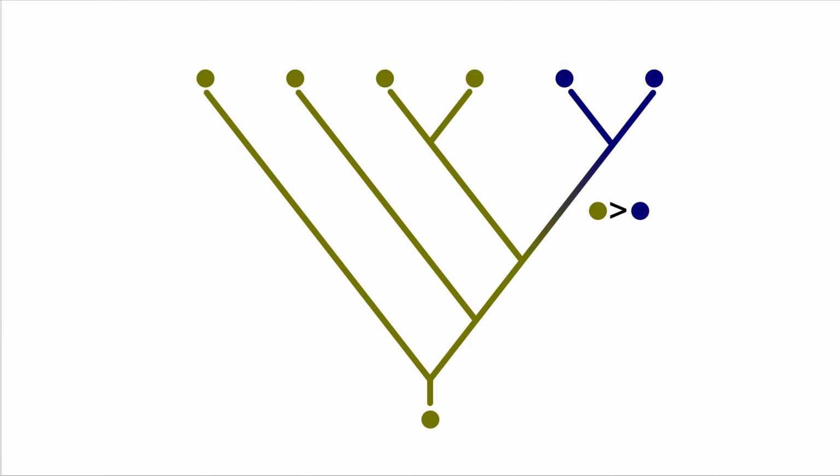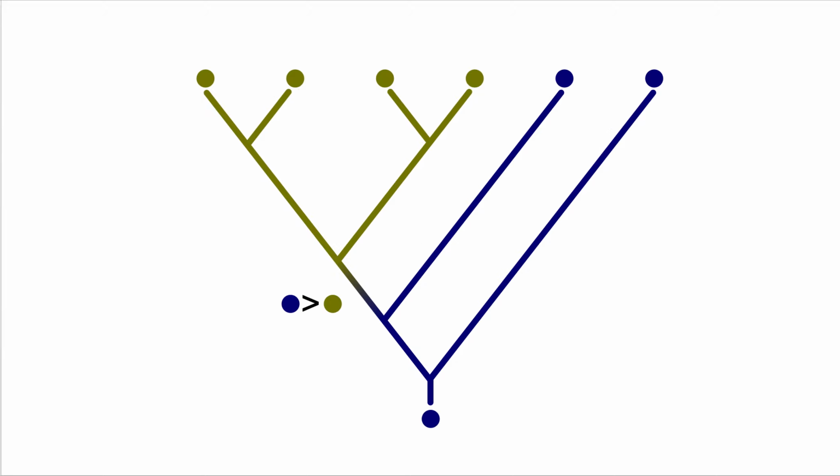For example, if the tree that generated these data looked like this, we can infer that there is one change from SVO to SOV. If the tree that corresponds to how these languages are related looks like this, we have instead an ancestral blue language with a change from blue to yellow.